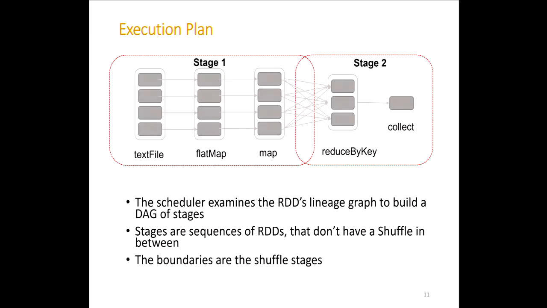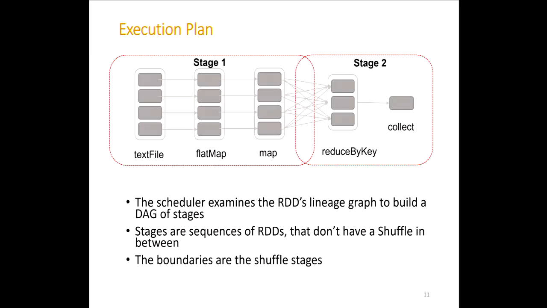It looks at all these transformations and says, this is the directed acyclic graph of your operations, this is what's happening in your application. According to this, I can say this is stage one, and I can map stage one.